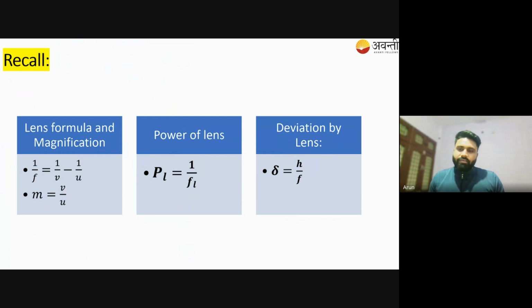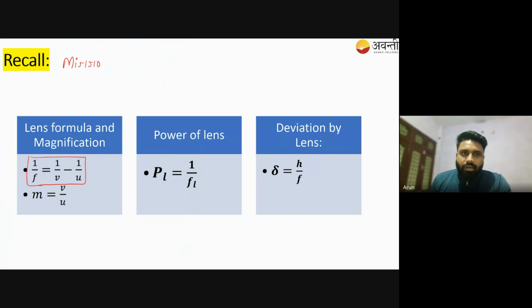Okay, so this is it we are going to do today. Firstly, the recall part. In the previous session, I derived the lens maker formula. We have seen the deviation by lens, power of lens, lens formula, and magnification. So the same formulas I'm going to discuss here. Lens formula and magnification. In mirror, what is the mirror formula?